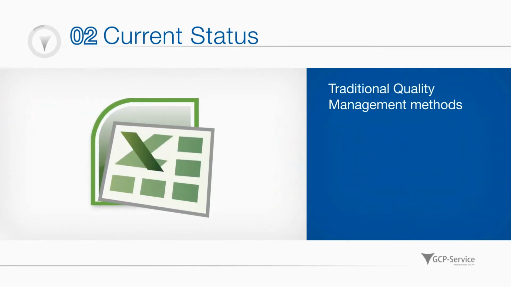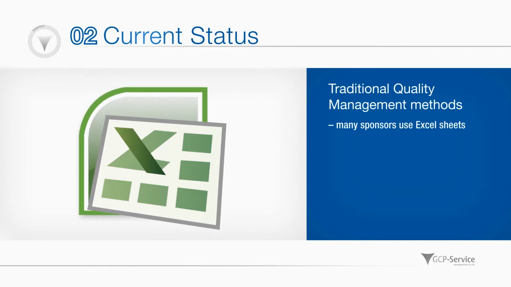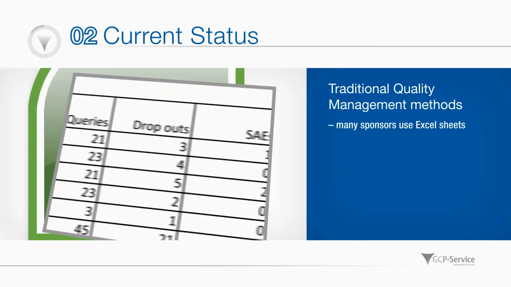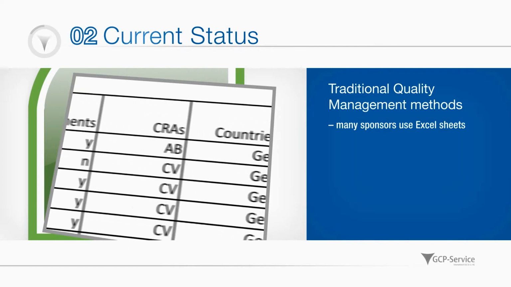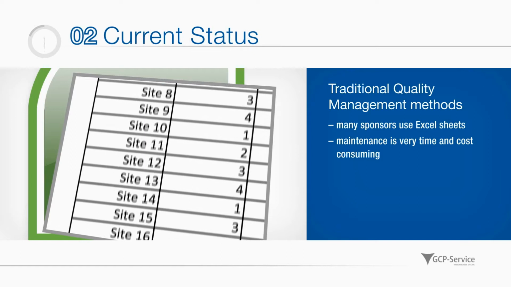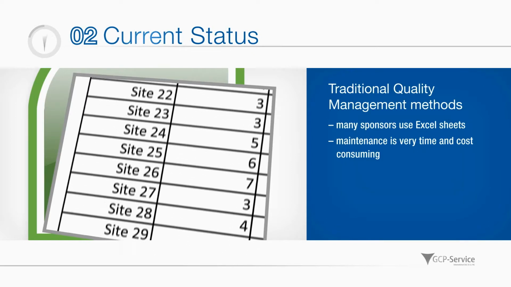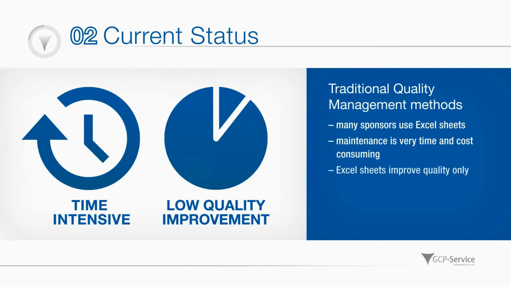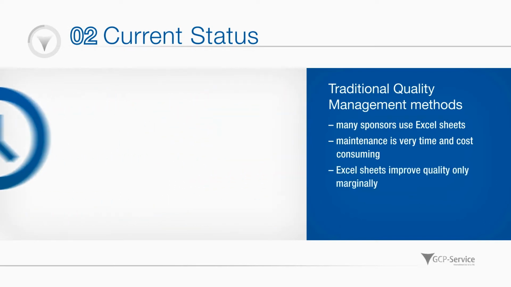In order to get a better overall overview of a particular study, many sponsors and CROs use Excel sheets to process quality-related information within a clinical trial. For multi-center studies with a high number of patients, the maintenance of study information in Excel sheets is very time and cost-intensive. Use of these Excel sheets only marginally improves the study's quality as a result.